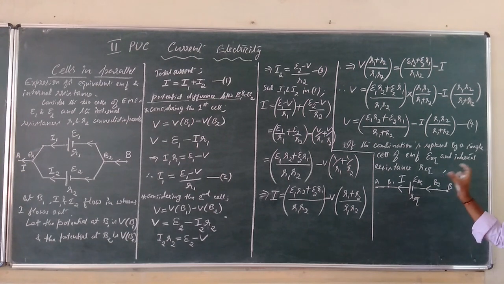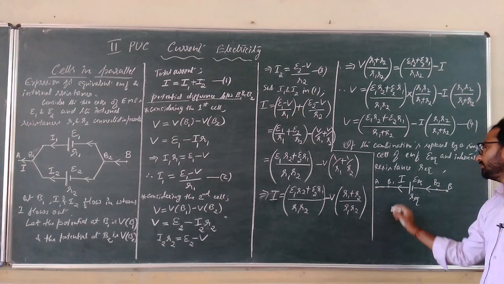So now I can say this single cell is an effective or equivalent cell of the combination, because it is also sending the same amount of current as the combination is sending to the same external connected circuit.